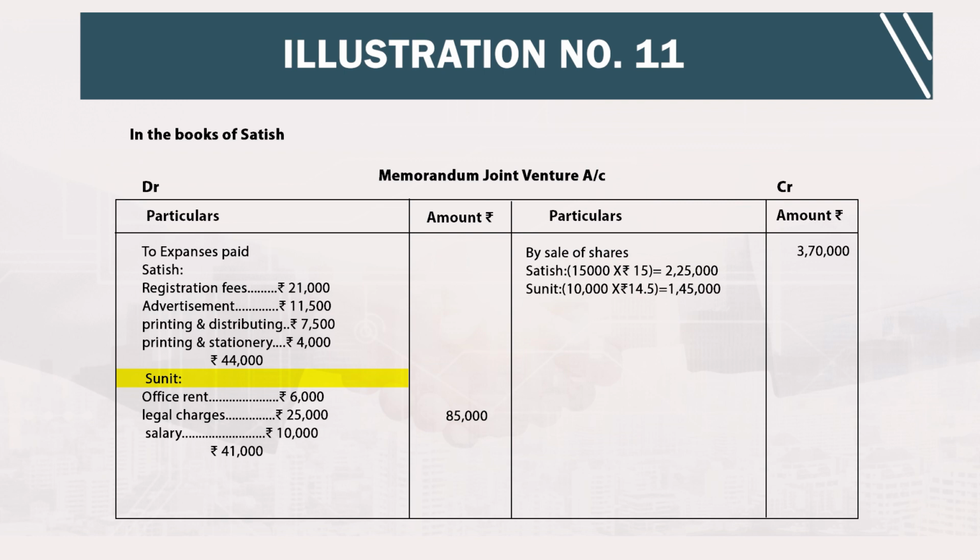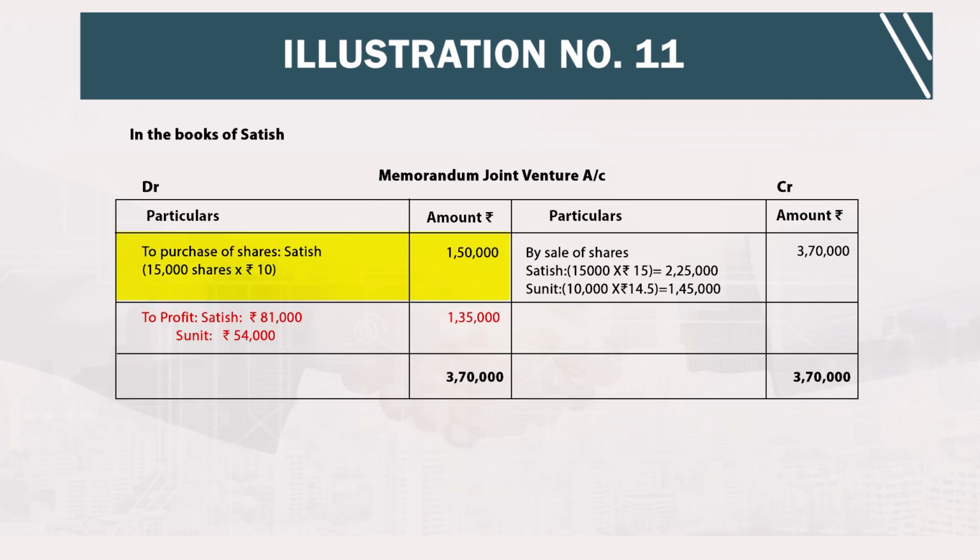Sunit paid expenses: office rent rupees 6,000, legal charges rupees 25,000, salary rupees 10,000, total 41,000. So total expense is 44,000 by Satish and 41,000 by Sunit, total 85,000 will be on debit side. To purchase of share, Satish purchased 15,000 shares at the rate of rupees 10, so 1,50,000 will be on debit side.